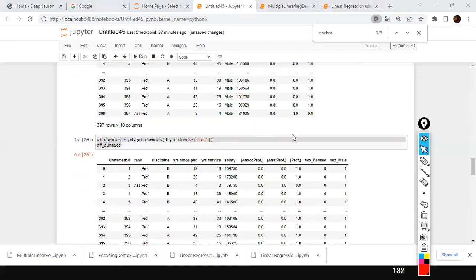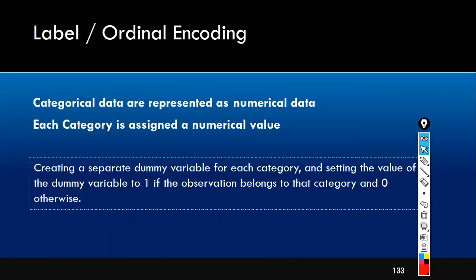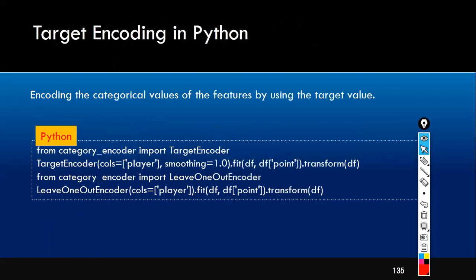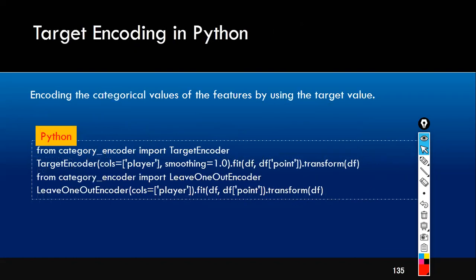The next one, what else do we have? Ordinal encoding we have also seen, right? Each category is assigned a numerical value, in this case label encoding. How can we implement them in Python? I have mentioned the script here, with the package name and all the options.